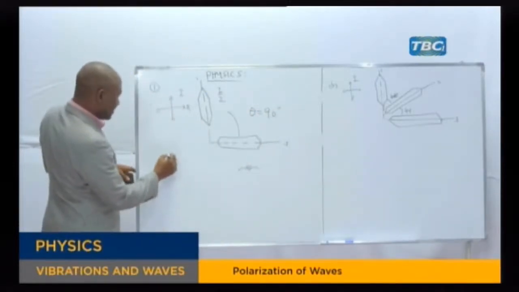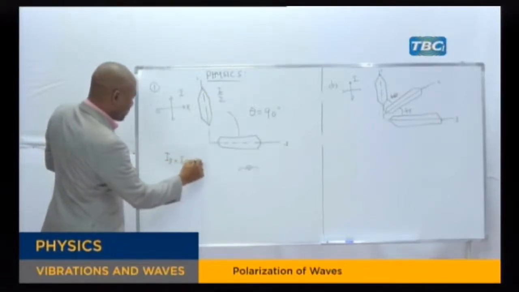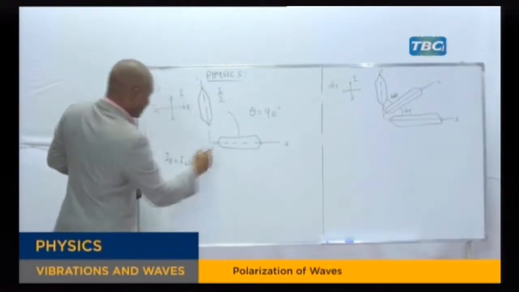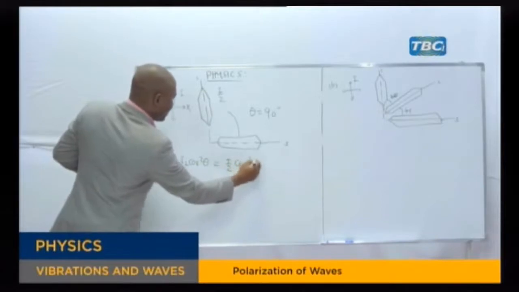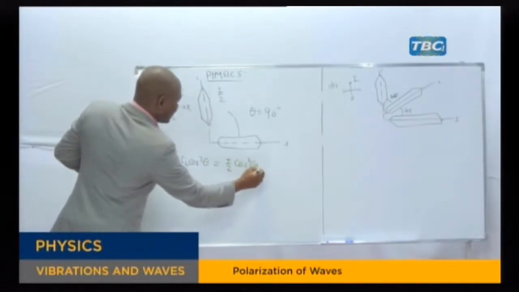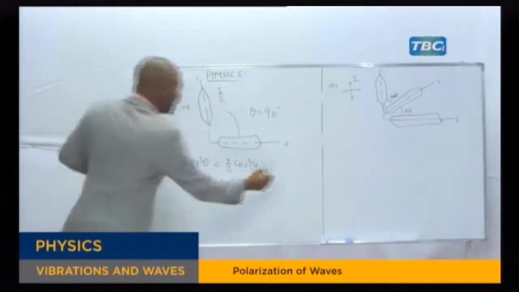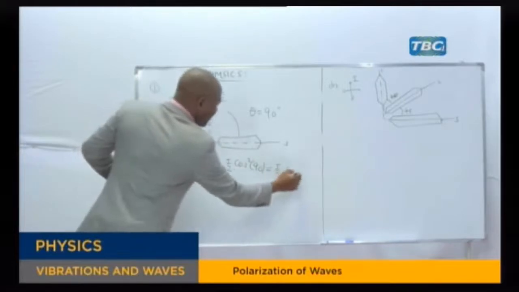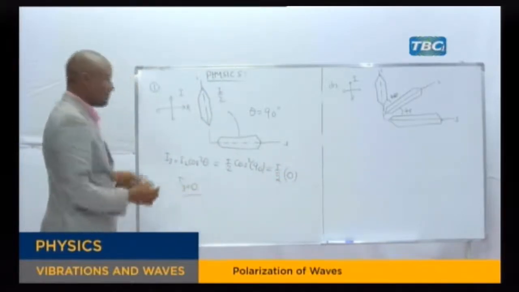This is I3 equals I2 cos squared of the angle, which gives us I over 2 times cos squared of 90. Cos of 90 is 0. That means the final intensity will be 0.